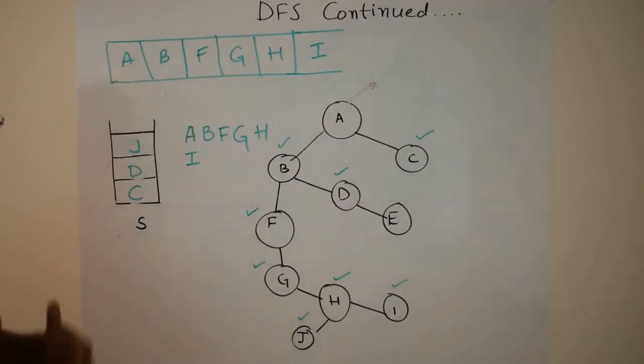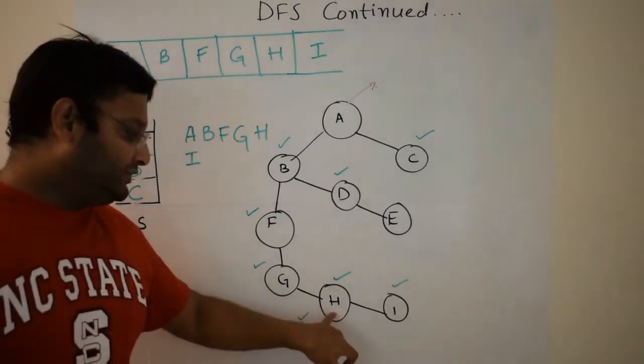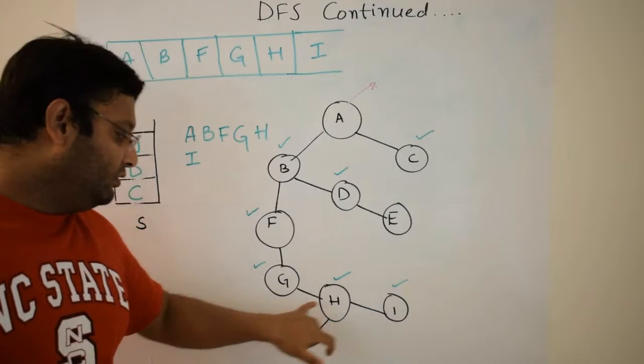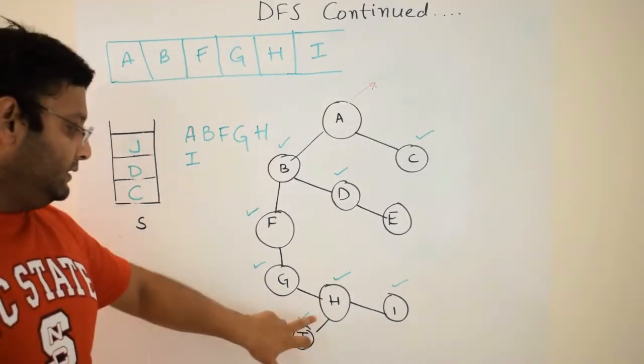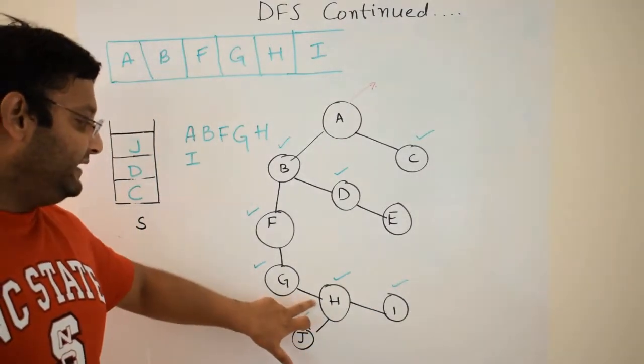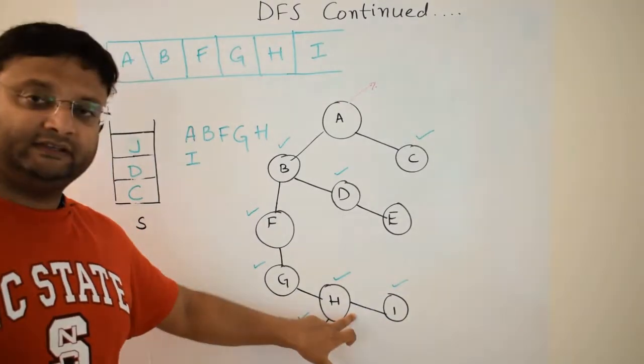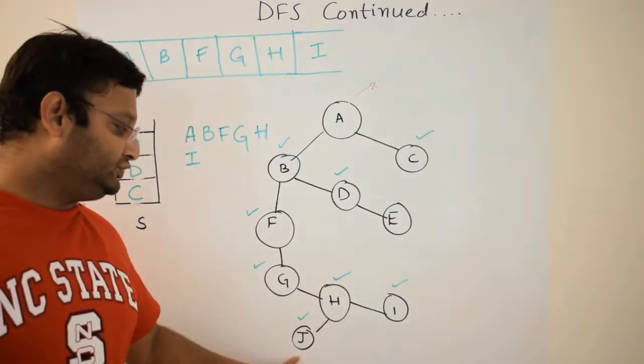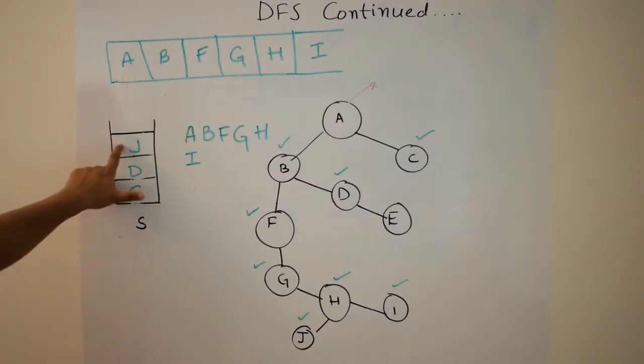So now you go back to H, as we did in our first example, correct? Now what you see: G has already been visited, I has already been visited. The node which has not been visited so far is J, and you can also see it from the stack.